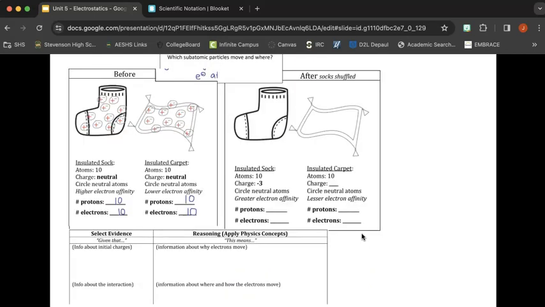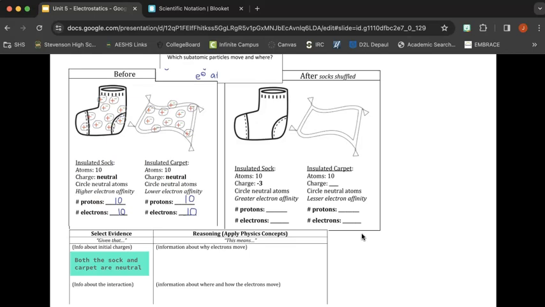All right, so we are going to start with the same given information. Given that both the sock and the carpet start neutral, we always start with the initial charges. And we know that neutral objects don't attract one another. So if we bring two neutral objects close to each other, there's no reason for electrons to move, right? There's three reasons that electrons move.